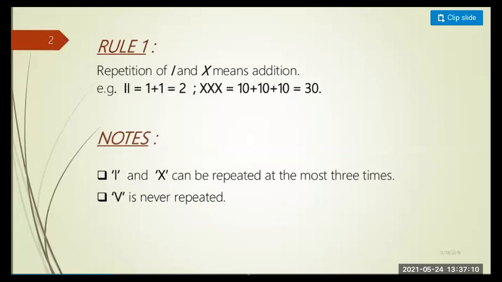Here you can see on your screen, II is there. II means what? It means I is repeating 2 times, meaning 1 plus 1. Earlier we have seen, again let me show you.